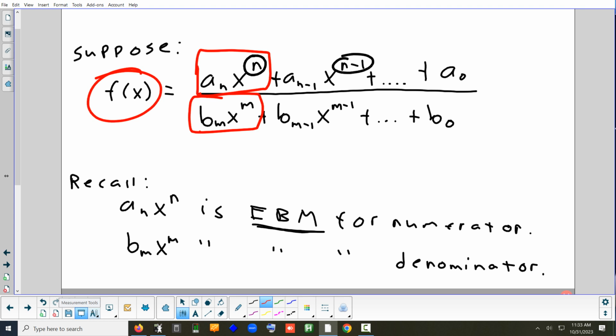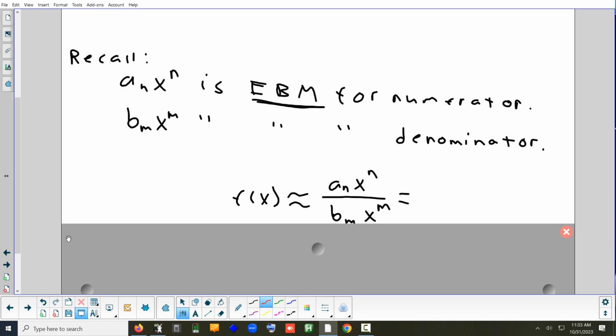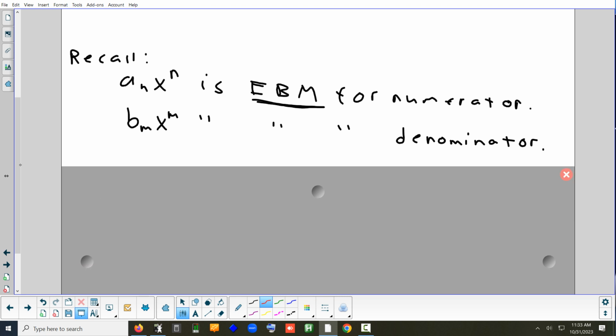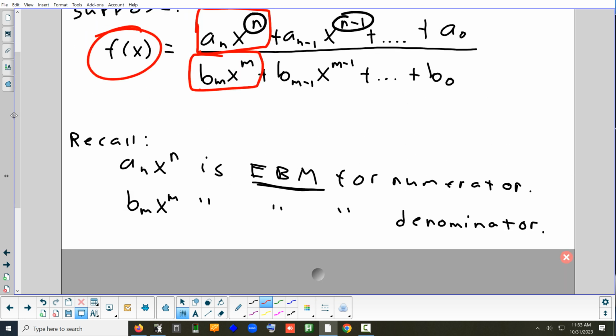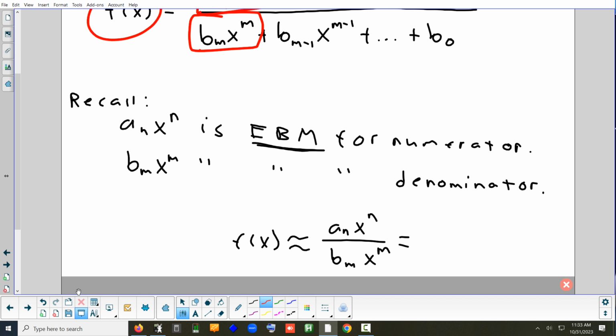The b sub m x to the m is the EBM of the bottom. And this is the EBM of the whole thing. Take the EBM of the top and divide by the EBM of the bottom.